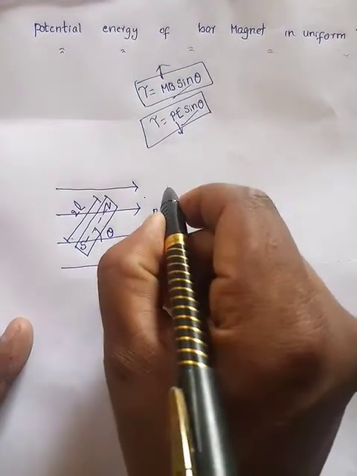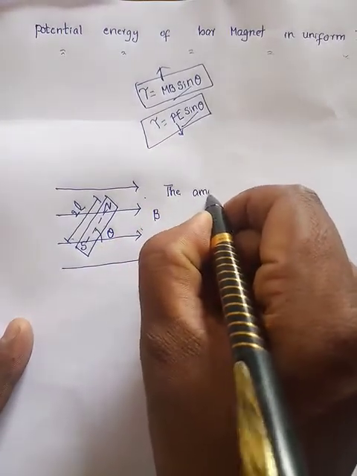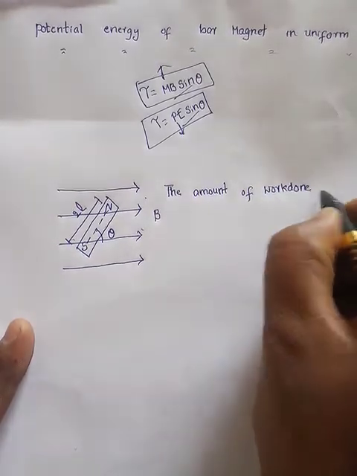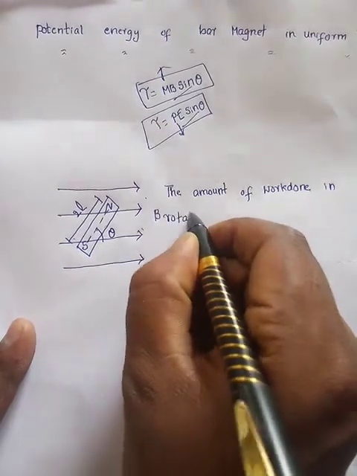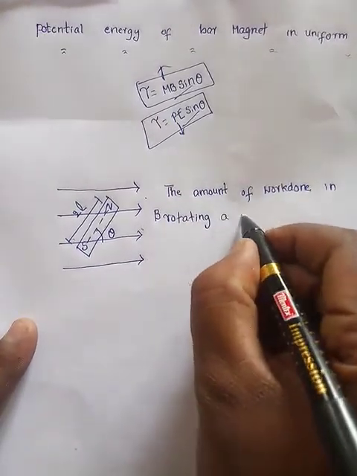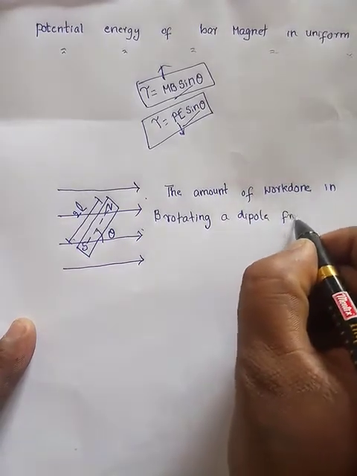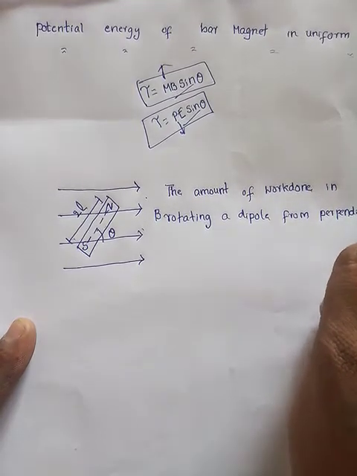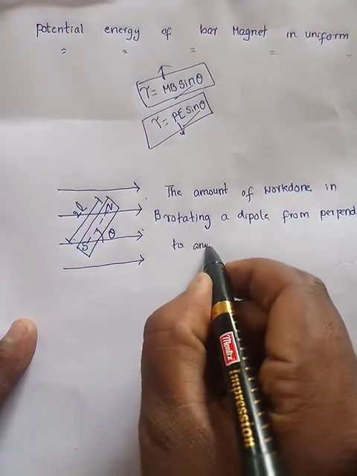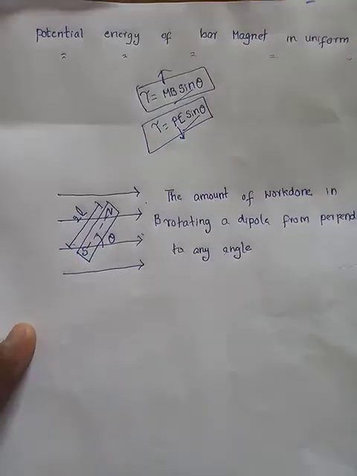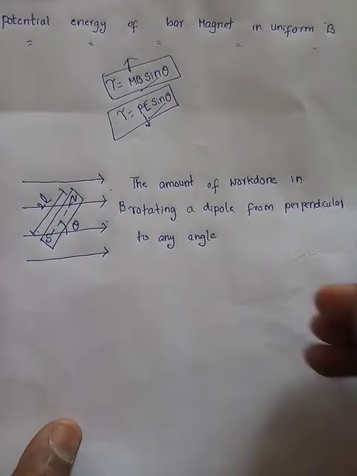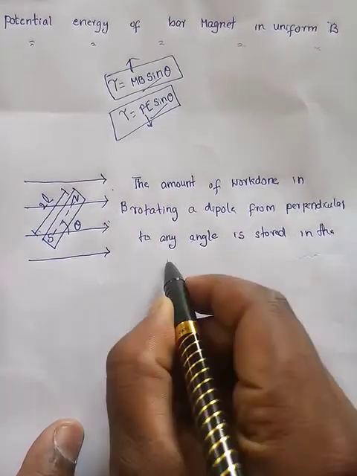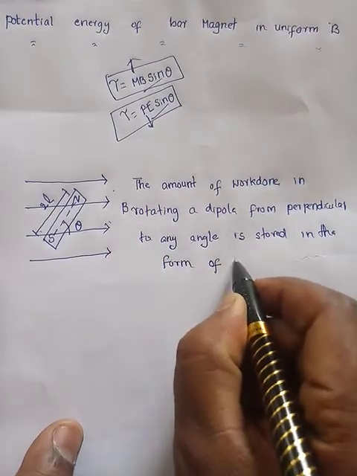That work done is stored in the form of potential energy. So we can simply define it as: the amount of work done in rotating a dipole from perpendicular to any angle is stored in the form of magnetic potential energy.